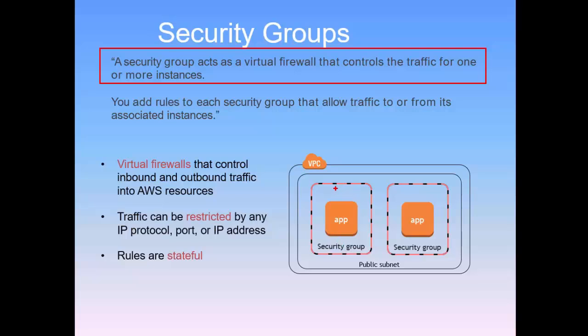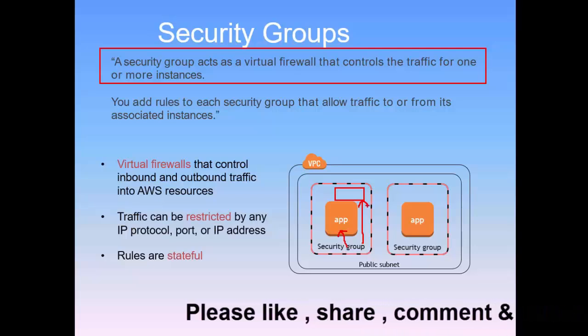There can be multiple instances. So the security group that we configure controls the traffic, what type of traffic we want to allow for this particular instance. So it's a virtual firewall.